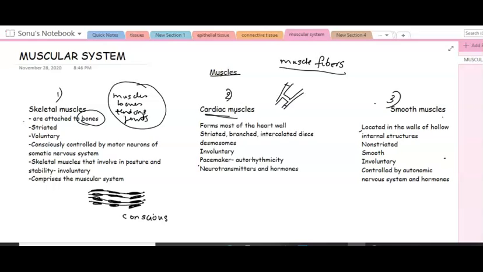And how do they contract and relax? In skeletal muscles, they need the somatic nervous system to give the initiation when a stimulus reaches our body. That is, we are seeing a dog chasing.